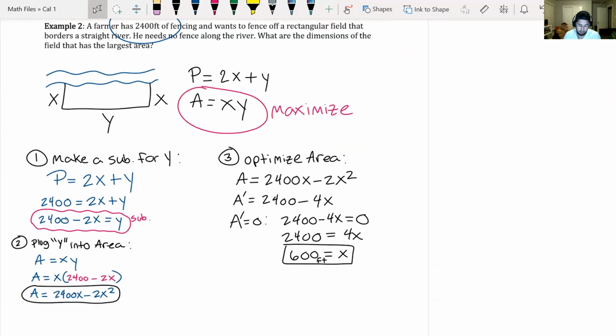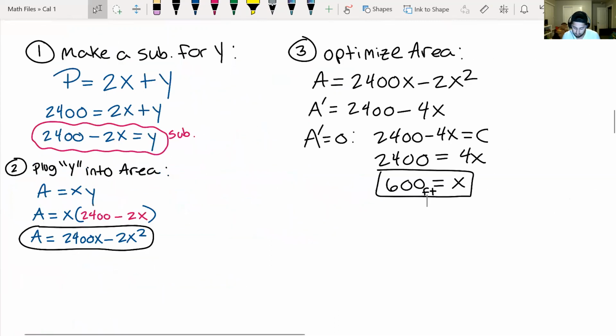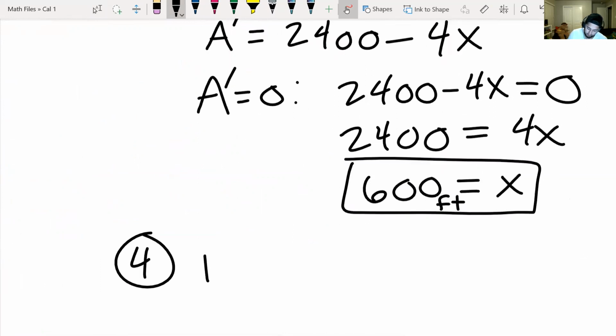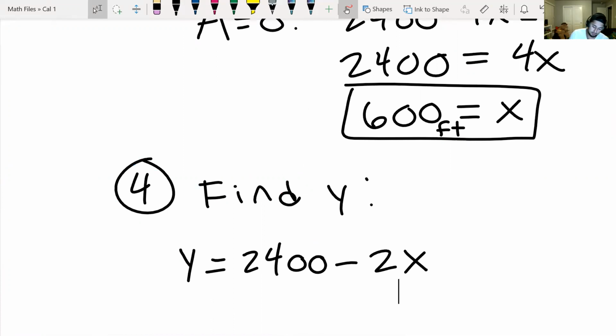which again, we made a substitution for y. We made an equation for y. y equals 2400 minus 2x. So all we have to do is take 600 and plug it in for that x. So step 4, find y. The equation for y is 2400 minus 2x.